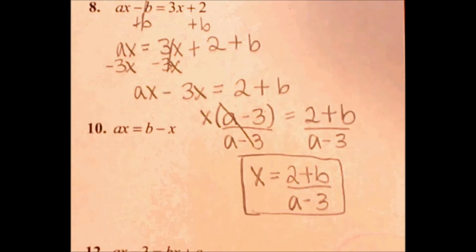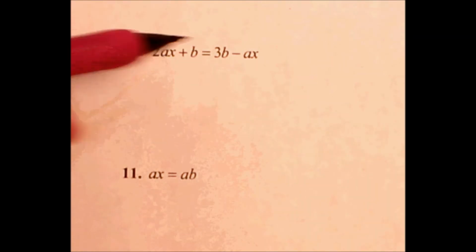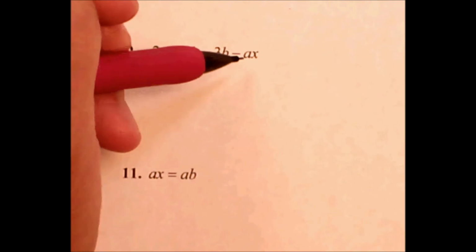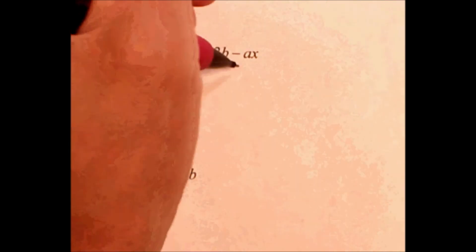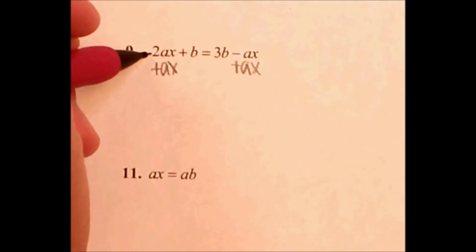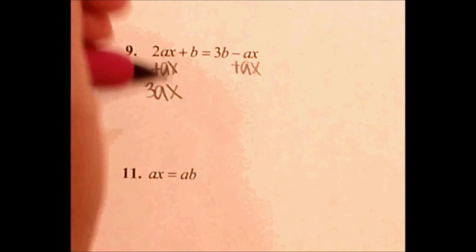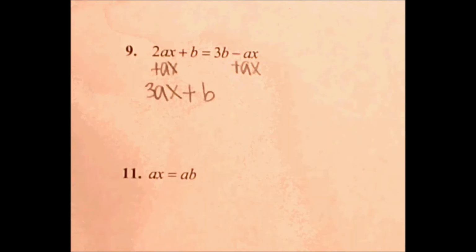Number 9. Again, we're solving for x. So I'm going to start by bringing this ax over to this side. So I'm going to add ax. Those are combining like terms. So when I do 2ax plus ax, that leaves me 3ax plus b equals 3b.